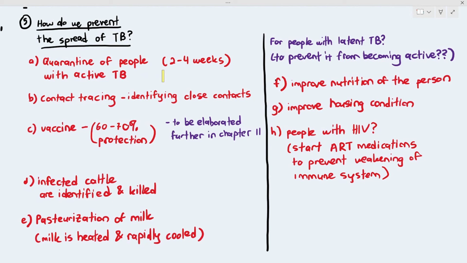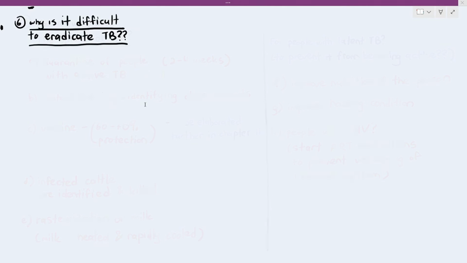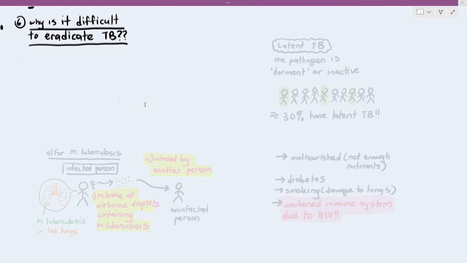So if people have HIV and you also put them on the ART, which is the medication that suppresses the HIV pathogen, their immune system will be protected, and they will also have lesser chances of getting TB and spreading TB in the population. Of course, then comes the question, why is it difficult to eradicate TB?